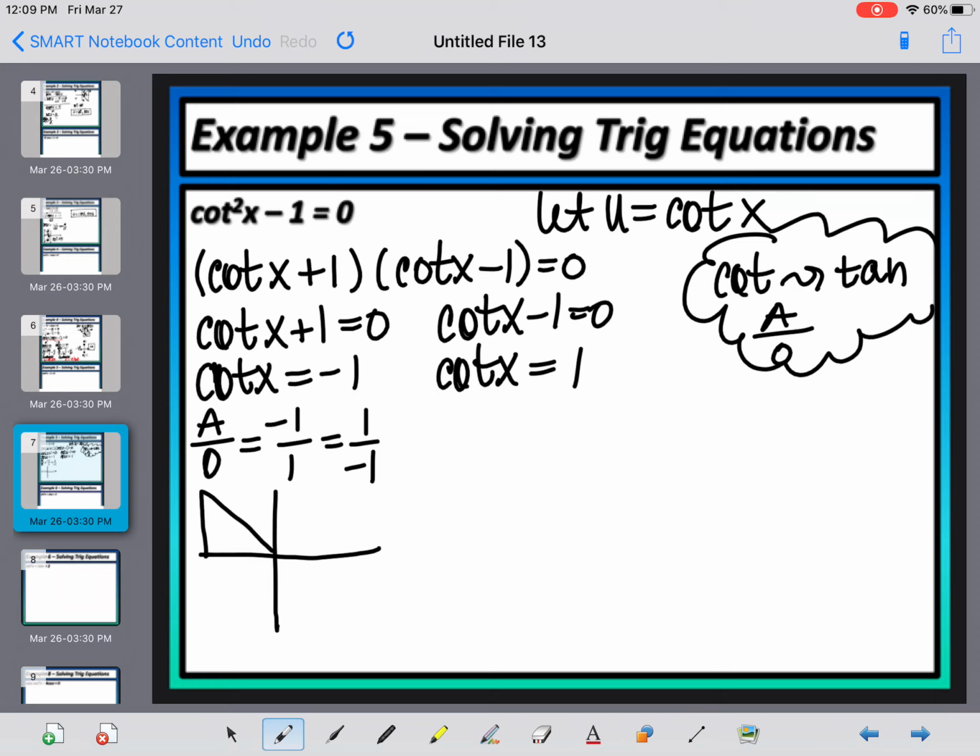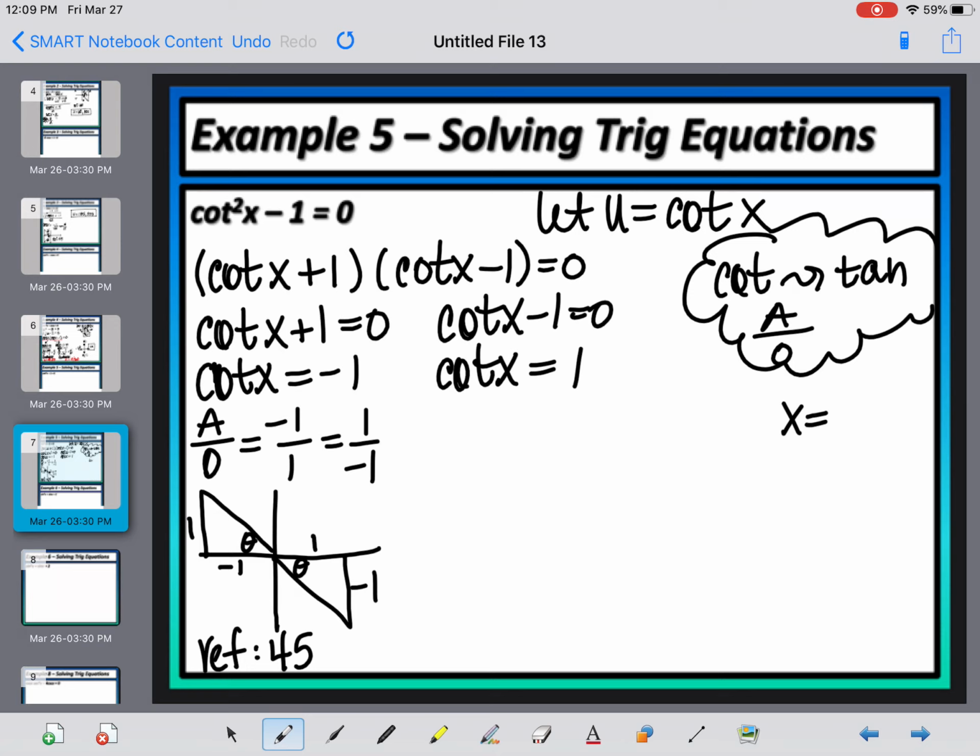So cotangent is negative in 2 and 4. Negative 1 and 1 fits over here. 1 and negative 1 fits in the fourth quadrant. So that seems to be working. So my reference here is going to be 45.